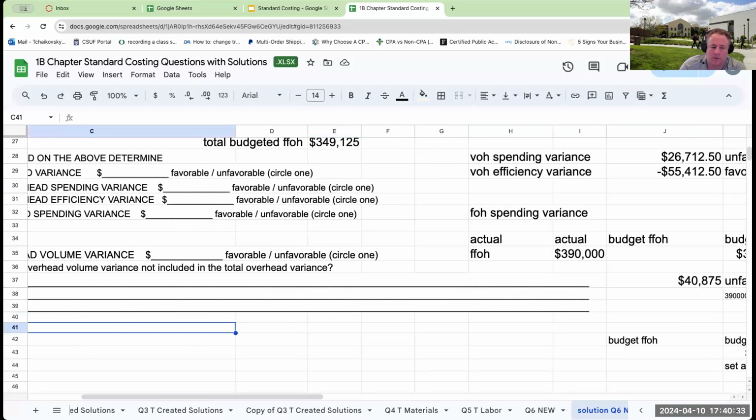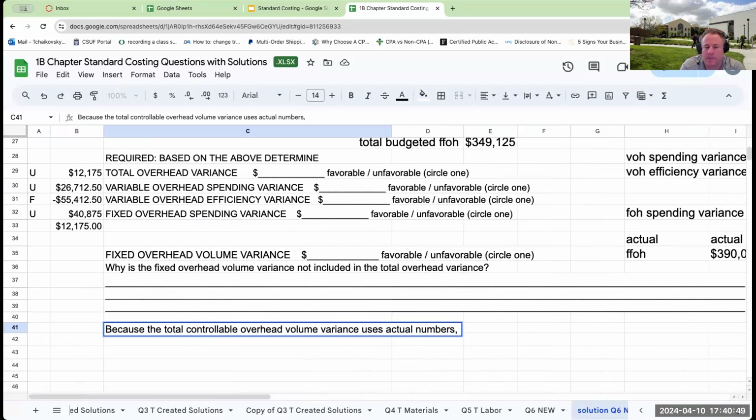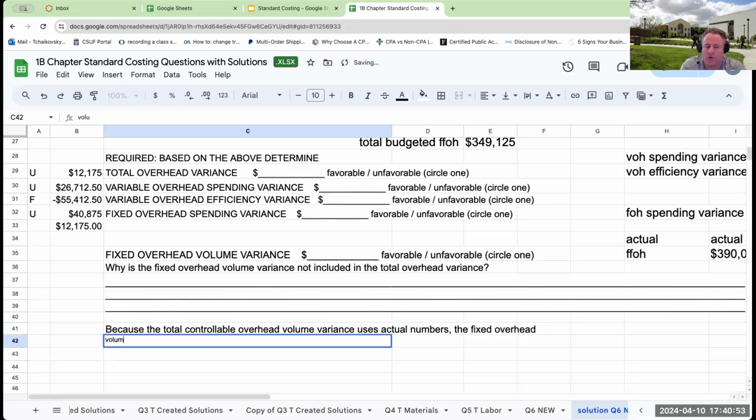Because the total overhead, we'll call this total controllable overhead variance, uses actual numbers, the fixed overhead volume variance is not included in that variance.